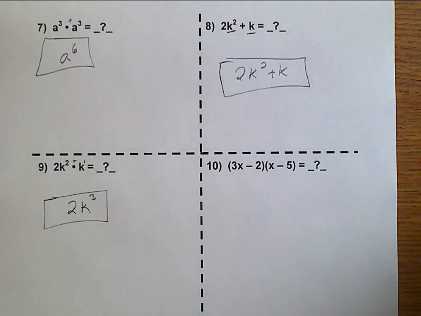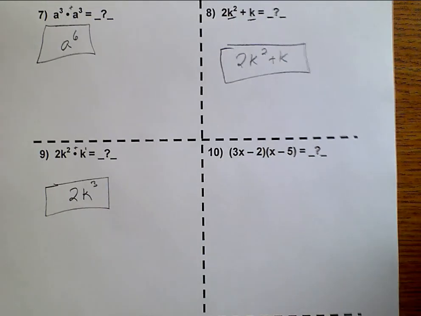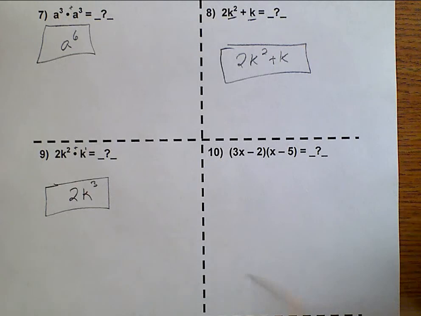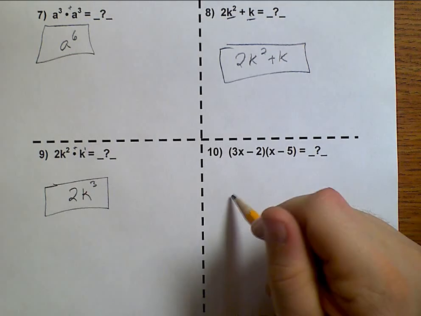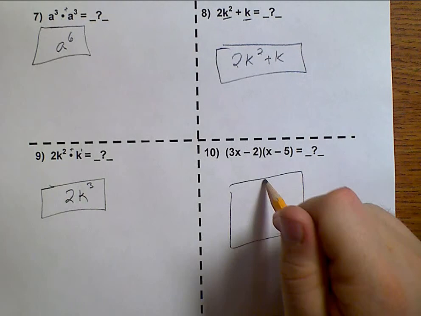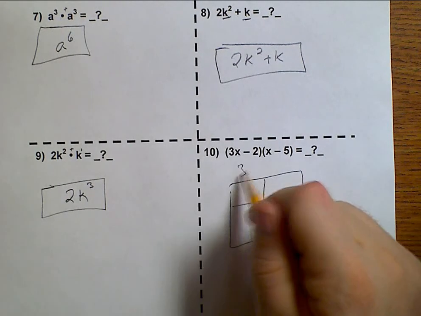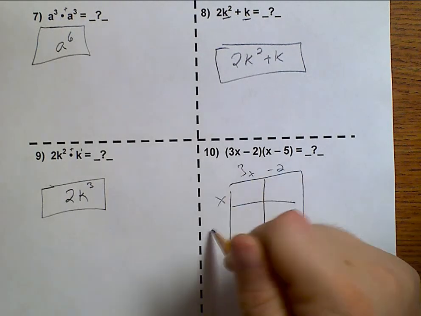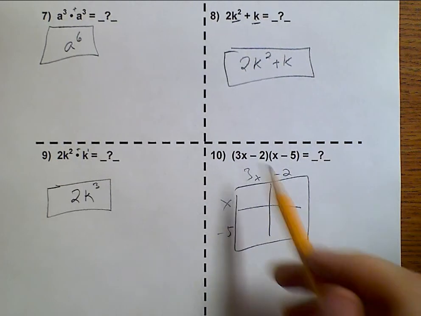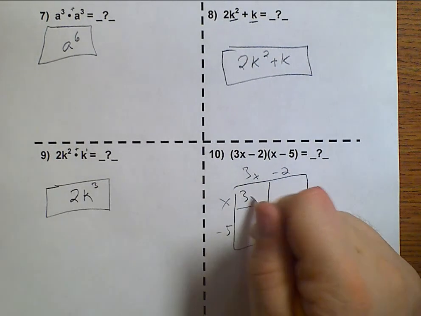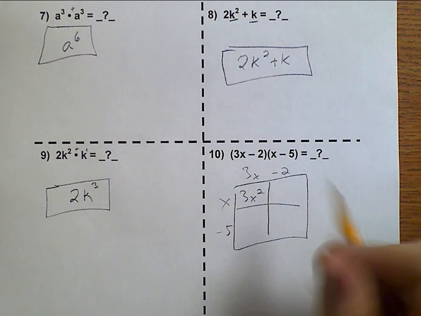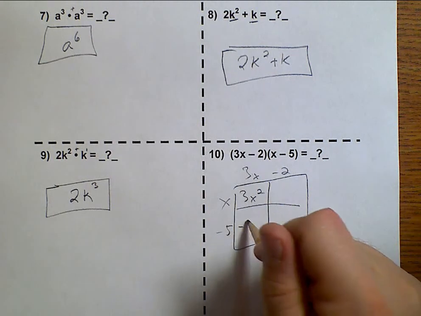Back to the box method, because we've talked about the simple problems again. Let's go back to the ones that are a little bit more complex. We have our box method, 3x minus 2 times x minus 5. 3x times x makes 3x squared. 3x times negative 5, negative 15x.